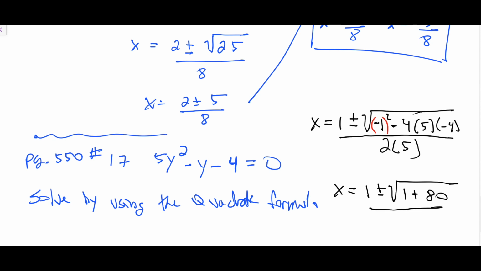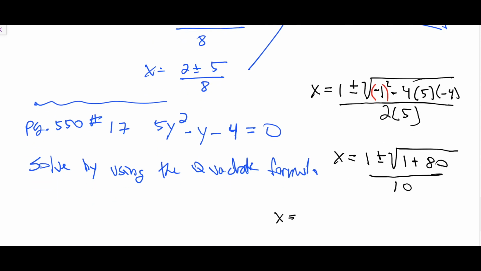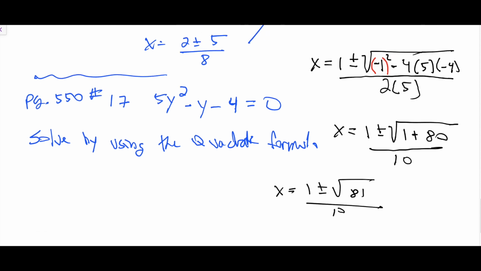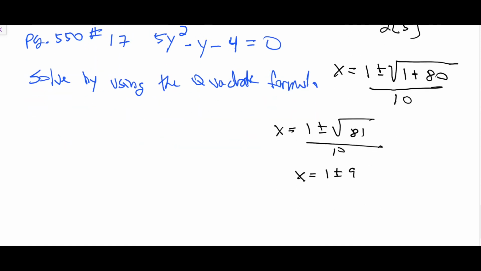So x equals 1 plus or minus the square root of 81, all over 10. X equals 1 plus or minus 9, all over 10.